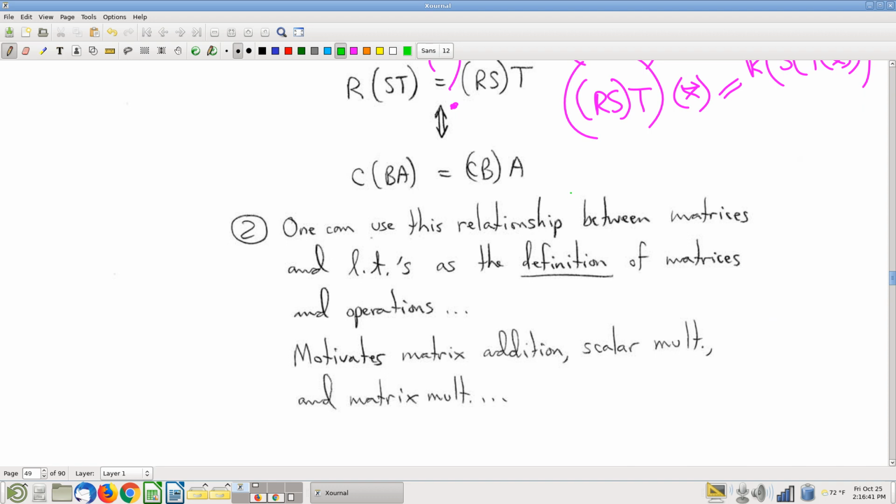So, think back to the first time that you saw the formula for matrix multiplication. I think a lot of y'all saw it in high school. If you have a matrix here and you have a matrix here, then you go across a row of the left matrix and you go down a column of the right matrix and you multiply like that, right? And that gives you one element at a time of the product matrix.